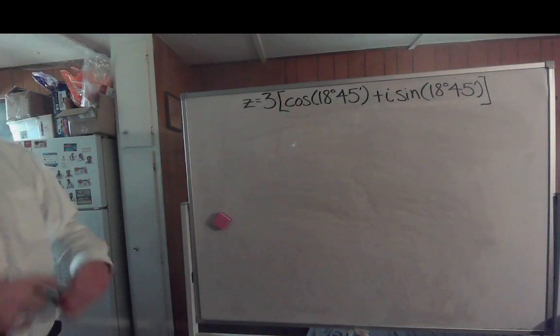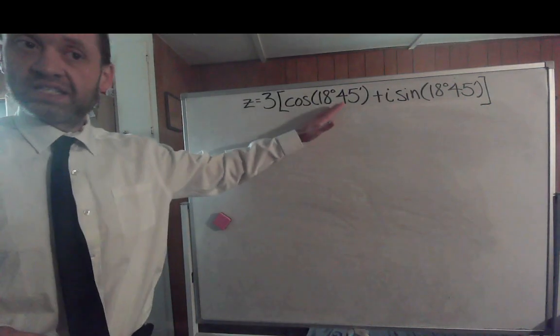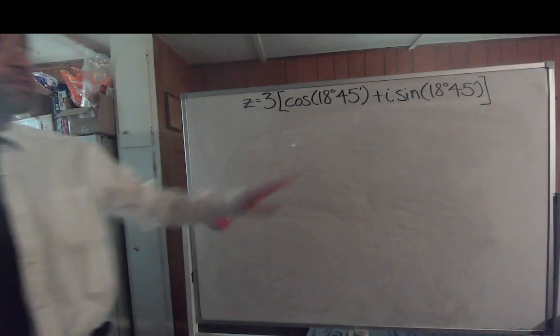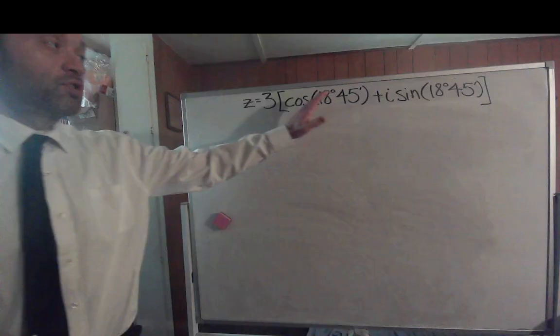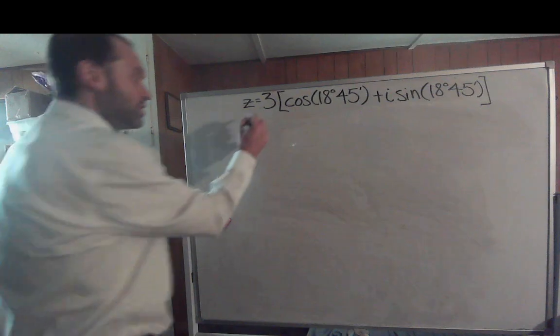So yeah, definitely not a special angle. I think it's plain to see we're going to end up with a decimal approximation. But what might help is if we convert that 45 minutes into a degree with a decimal point. Well, 45 minutes is 3/4 of a degree.